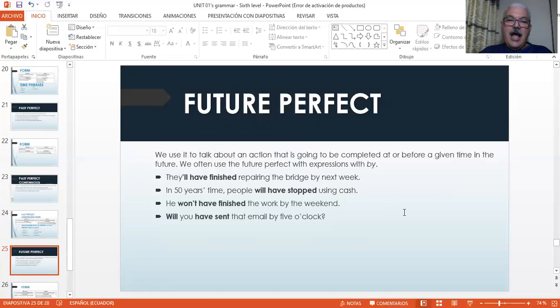Okay, and we could say they'll have finished. They'll have finished repairing the bridge by next week, which is the action that's going to be happening in the future, finishing repairing the bridge.